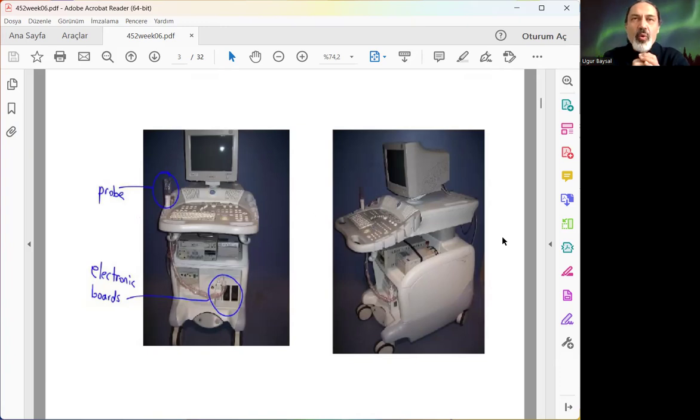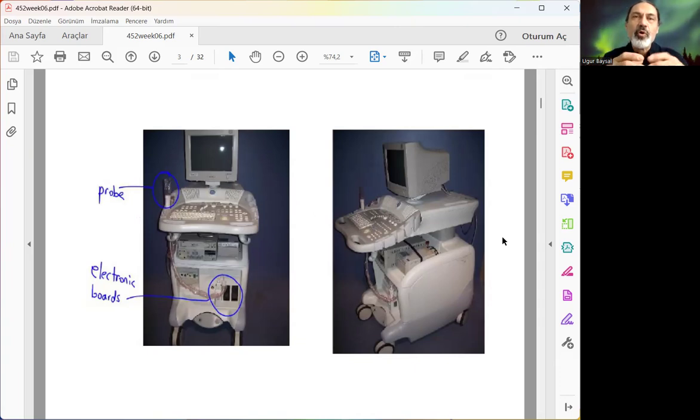So in the figure on the left, you see the front view of this system with the screen and keyboard, trackball, and other related equipment with crucial electronics and stuff like that. And the probes are marked with blue encircling, etc. These probes are the actual signal sensors in touch with the patient body to receive ultrasonic signal information.